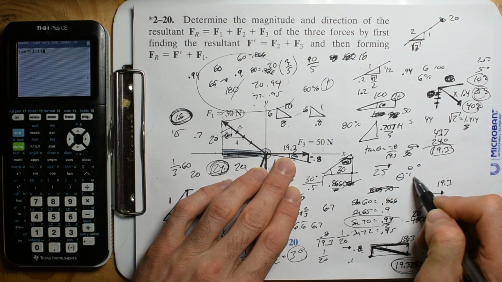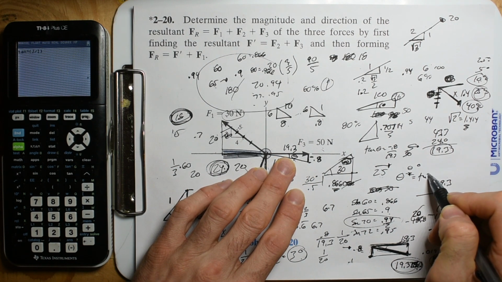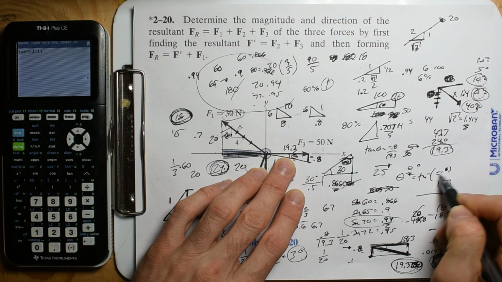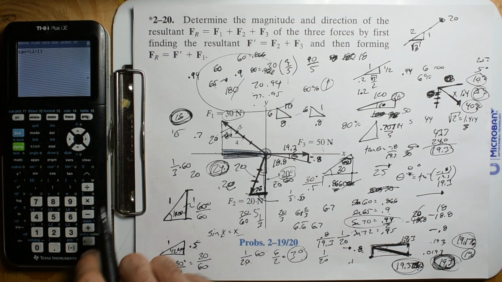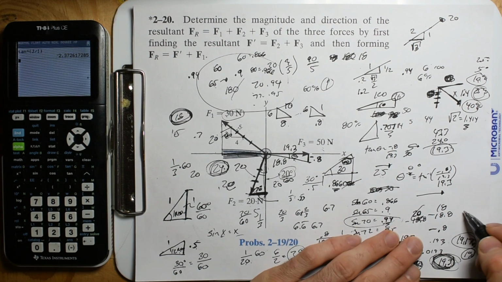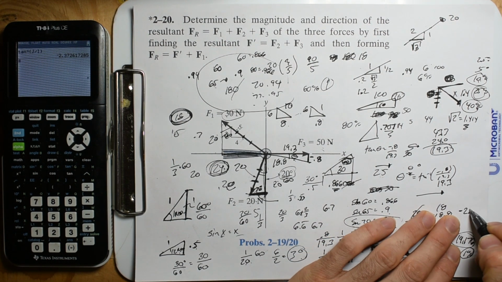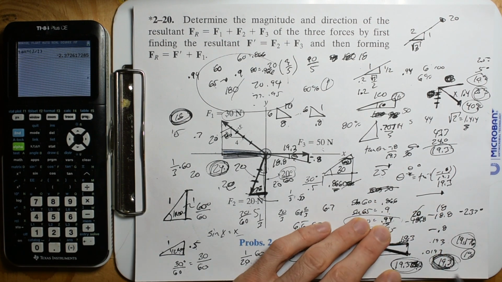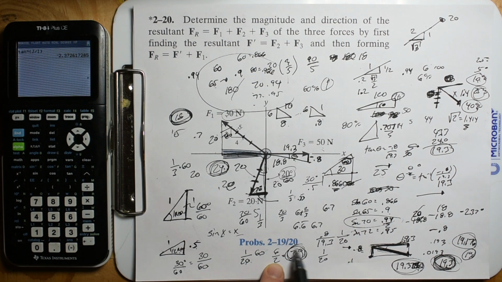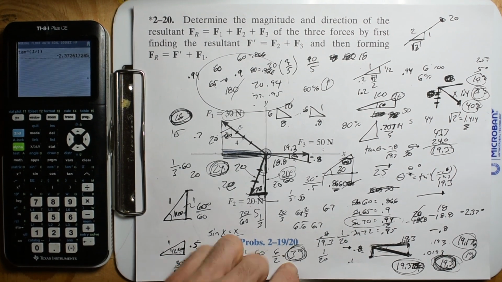So the angle itself is going to be the inverse tangent of negative 0.8 divided by 19.3. If we do that, we get an angle of negative 2.37 degrees. So our estimate of 3 degrees was pretty close. That was pretty sweet.